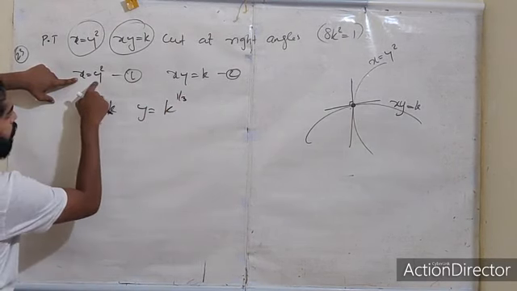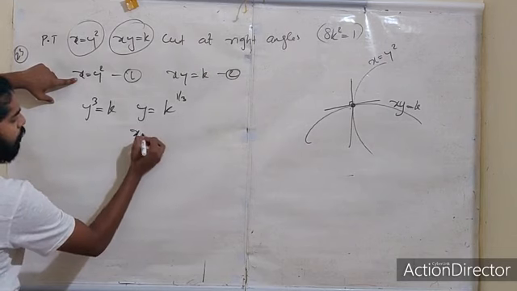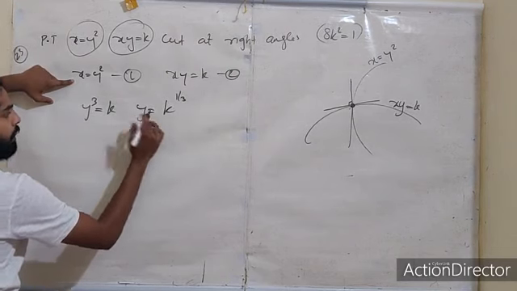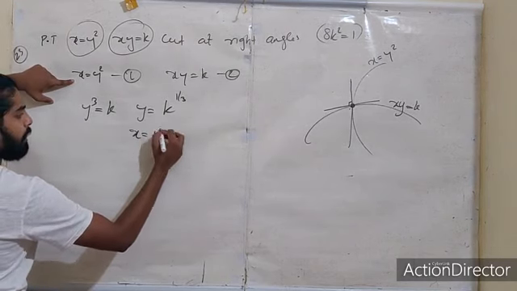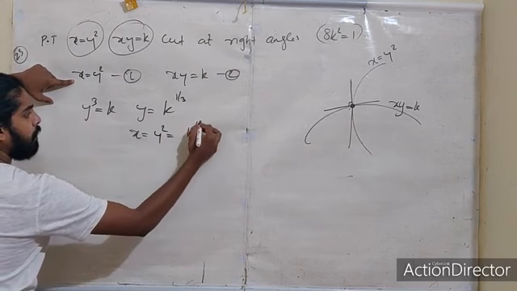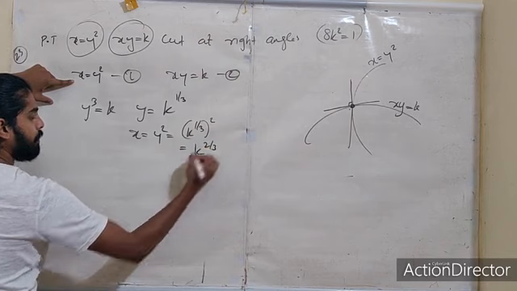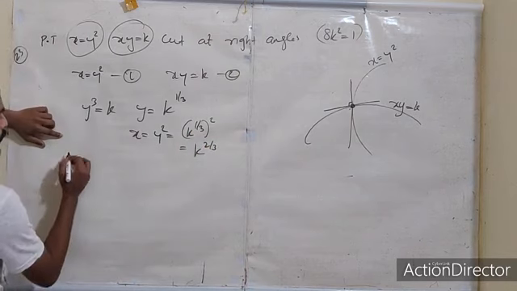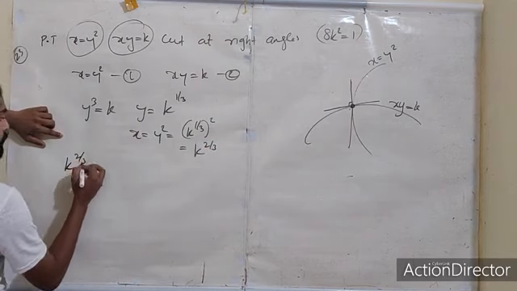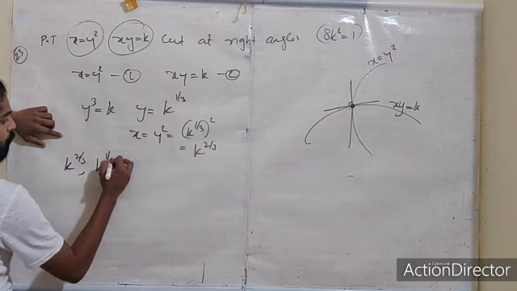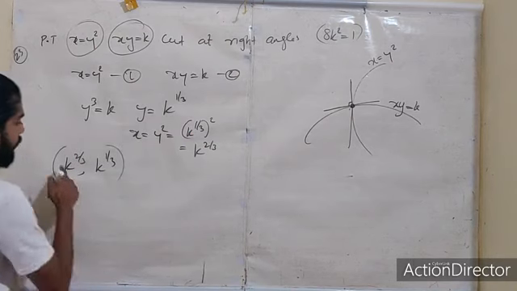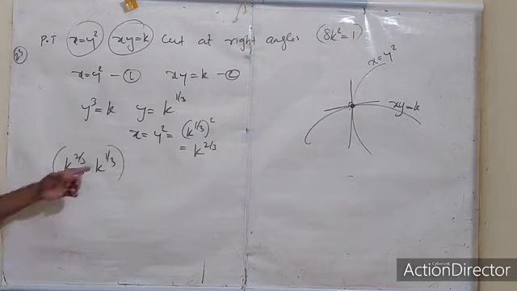Since x equal to y square, the x coordinate will be the square of the y coordinate, which will be k raised to 2 by 3. Thus we got the point as k raised to 2 by 3 comma k raised to 1 by 3.